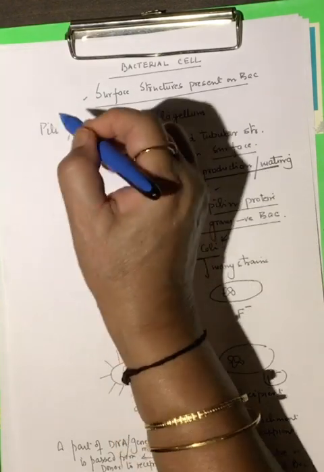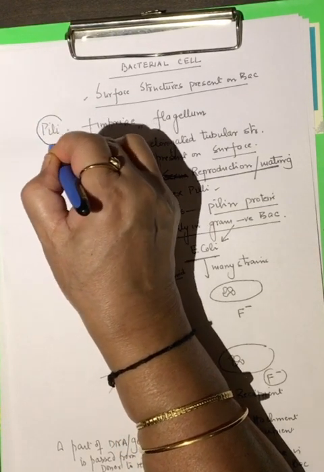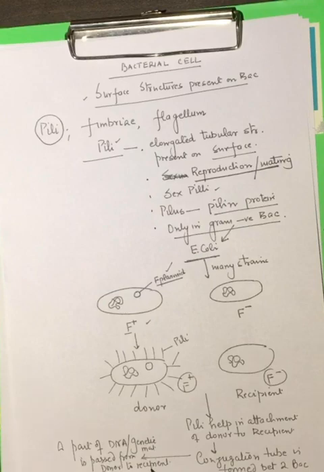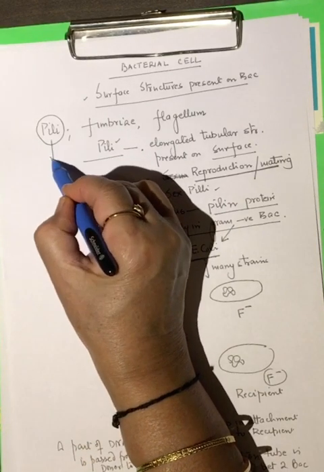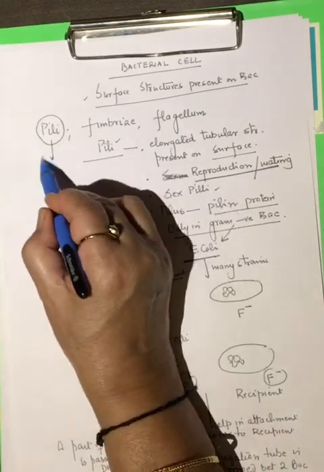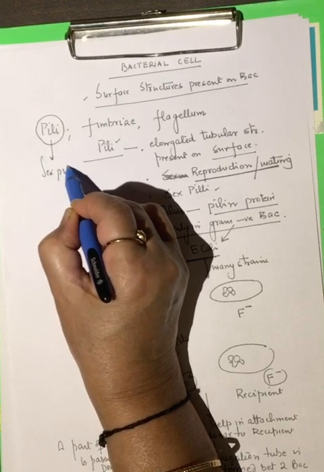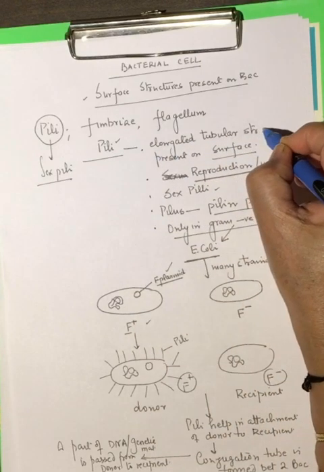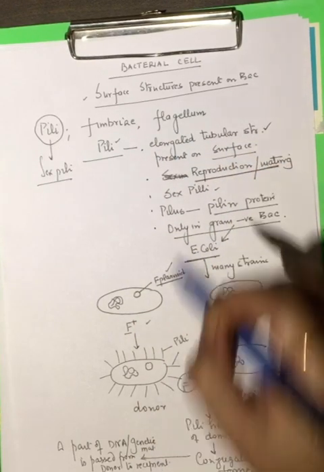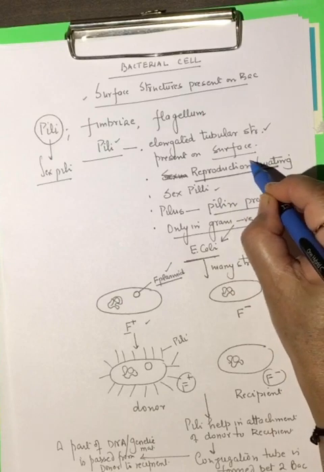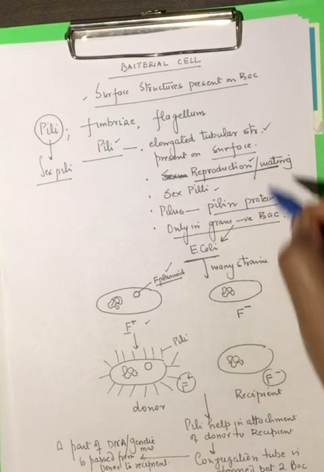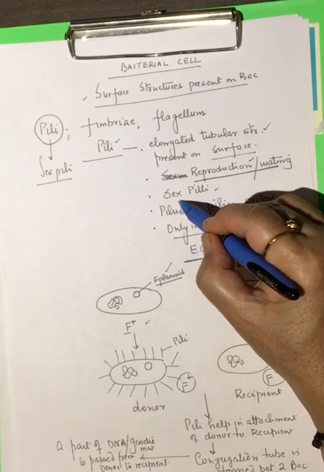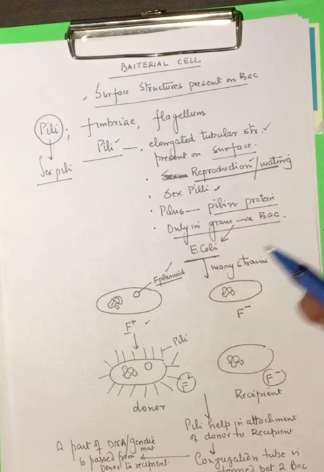So this is one of the surface structures which is called the pili, and these pili are actually the sex pili because they help in the primitive type of sexual reproduction, right? So pili are structures on the surface, and they help in the reproduction or the mating between the male and the female, and then they can be called sex pili.